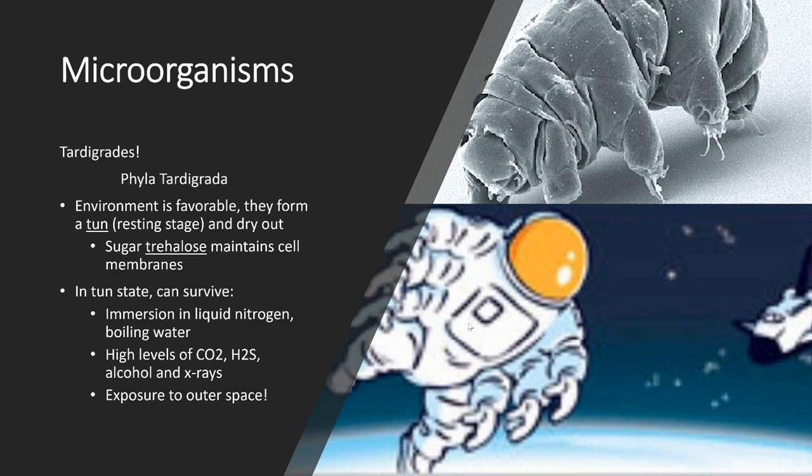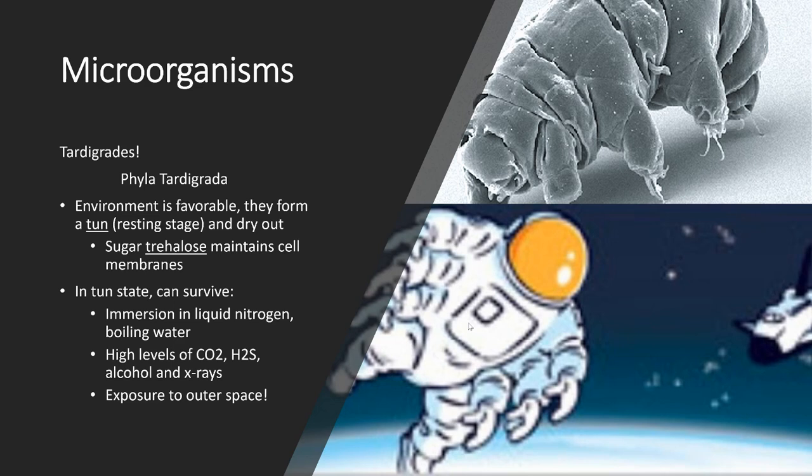When the environment is unfavorable, not favorable, that's a typo right there, they form a tun, which is a resting stage, and they dry out. When they dry out, water just leaves their body. It is a form of cryptobiosis. I apologize, all of this is a form of cryptobiosis.